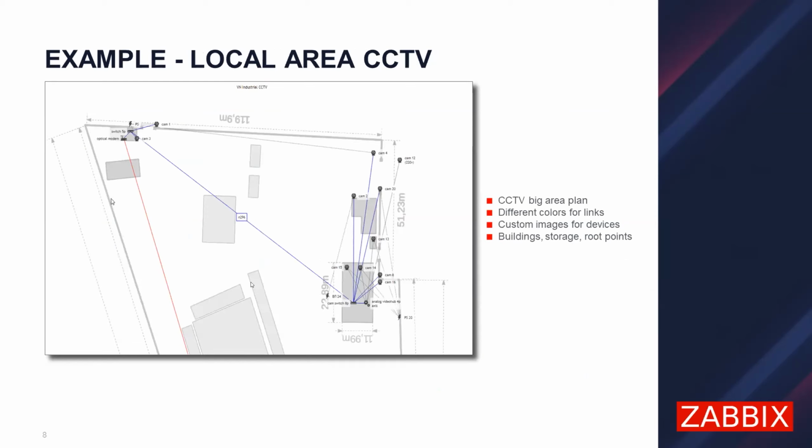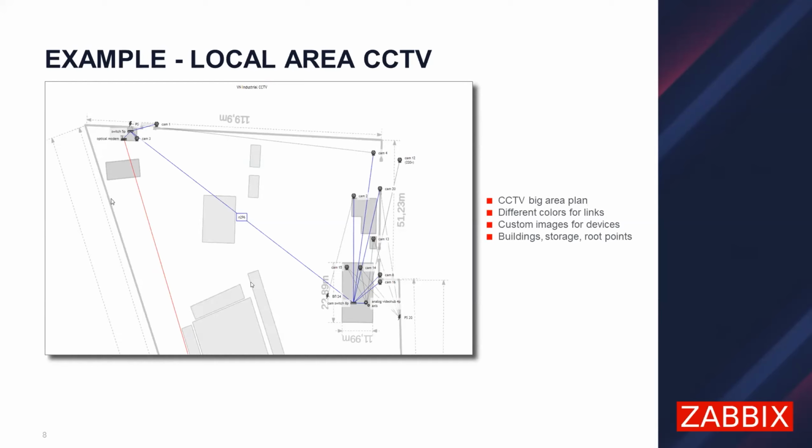So that's an example of a local area. It's a part of the big map. So we have a real map of some kind of real location. Here we have different cameras. Each of those is monitored by Zabbix. So Zabbix receives some sort of status, for instance.